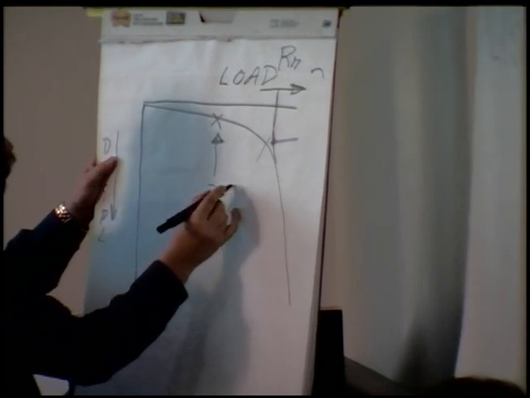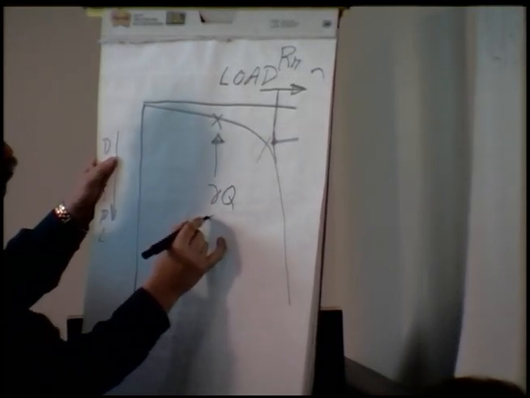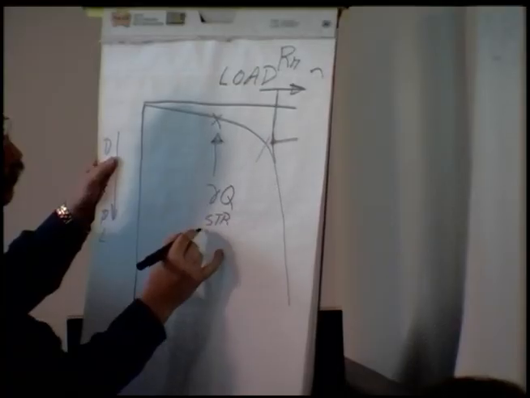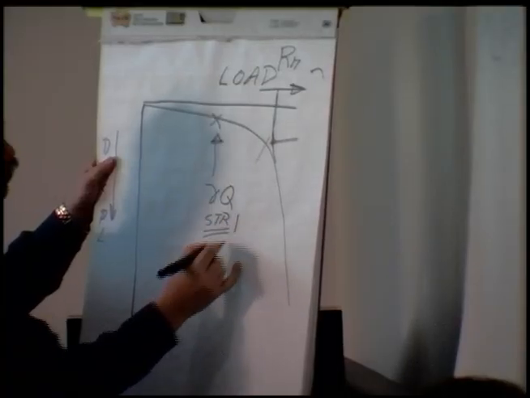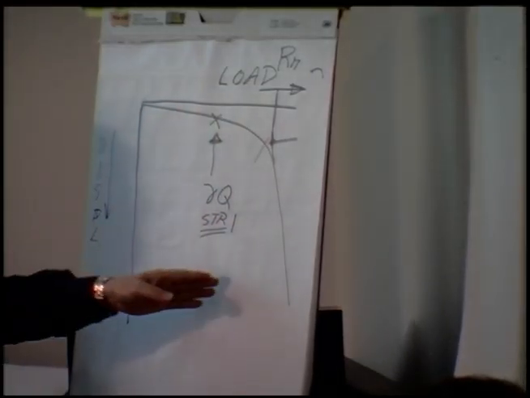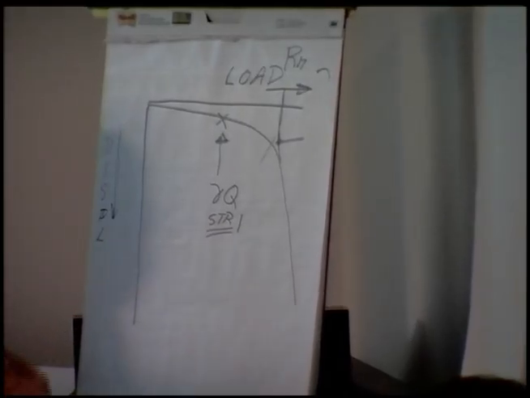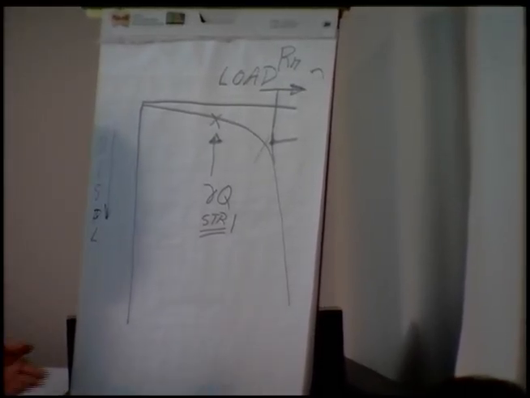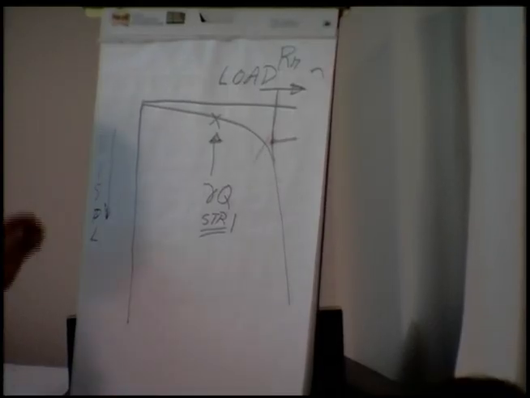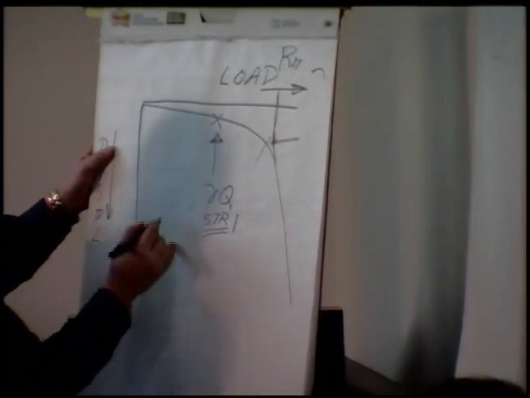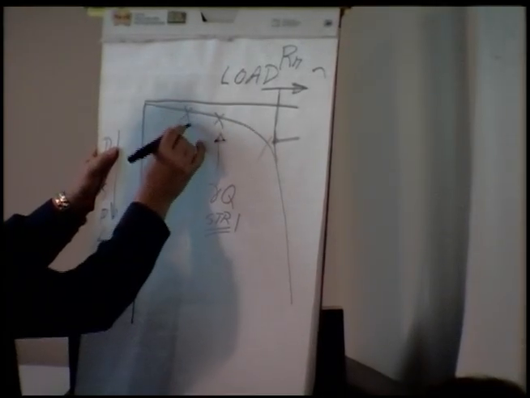So that's gamma Q, or the strength 1. Strength limit state, in this case we're calling strength 1. All it means is we have no high winds, no earthquake, no unusual loads. It's just a routine everyday loading. The service load is probably right about here.